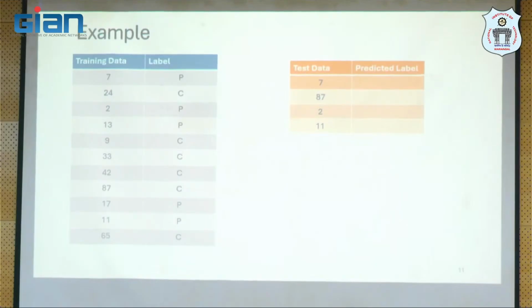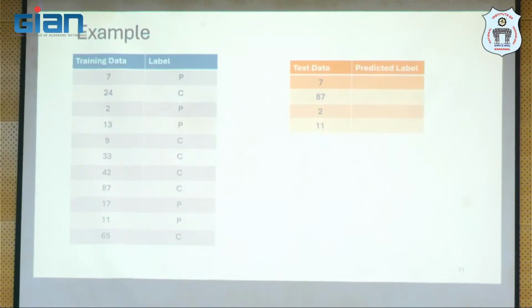What is really happening is this test point is actually not a test point. In theory, it is, but in practice it is not. If you really look at this, the test point exactly matches with one of the data points of the training data set.